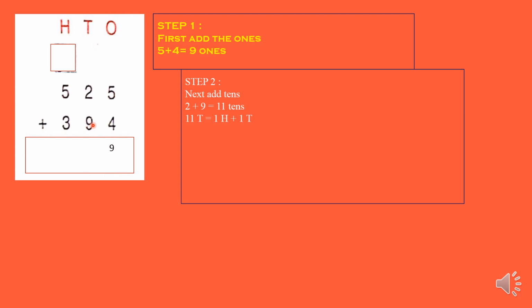So keep 9 in your mind, 2 is in your hand. Open 2 fingers, children. 9, after that 10, 11. So 2 plus 9 is equal to 11. How many tens are there, children? 11 tens are there. So 11 tens are 110. So in 11 tens, how many hundreds are there?